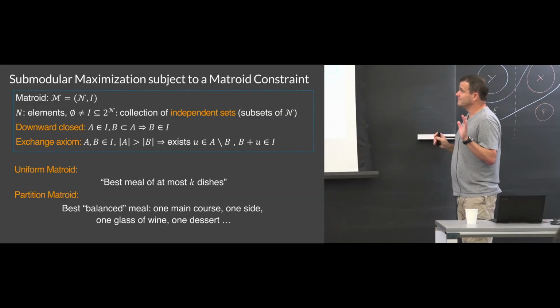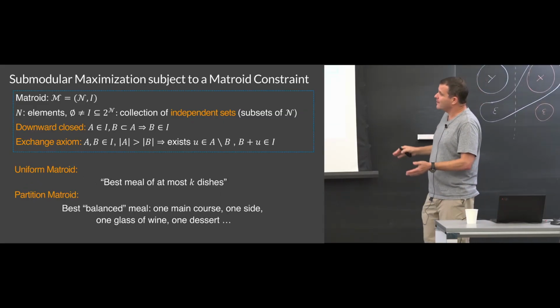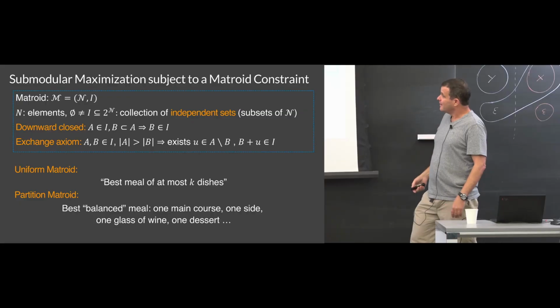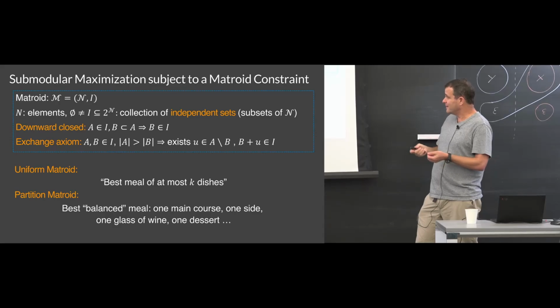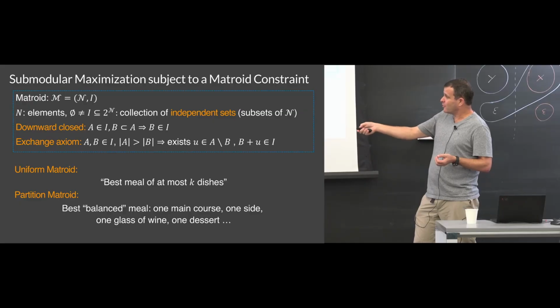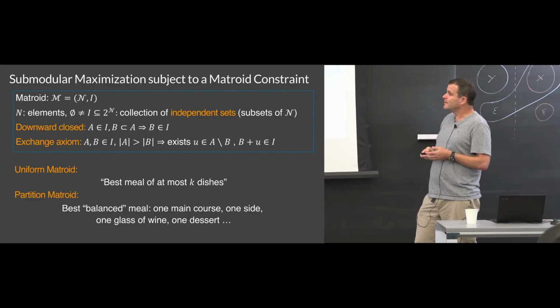But here you don't need to know about general Matroids. I will speak only on maybe uniform Matroid, which is how to find the best meal that contains at most k dishes. Or the other, this is the interesting one, is called partition Matroid, where you want to find a balanced meal. So what is a balanced meal?